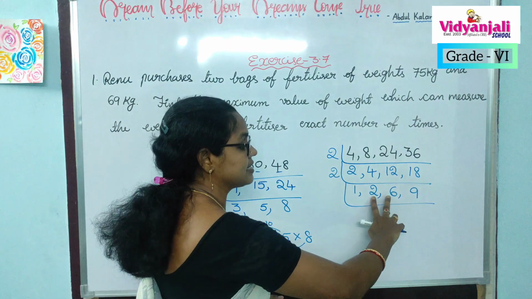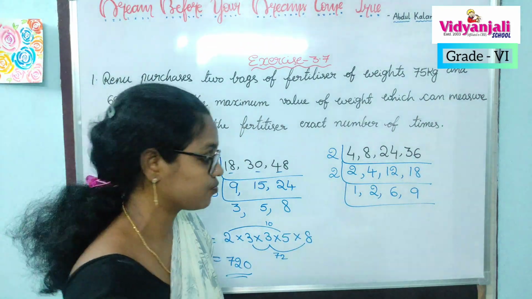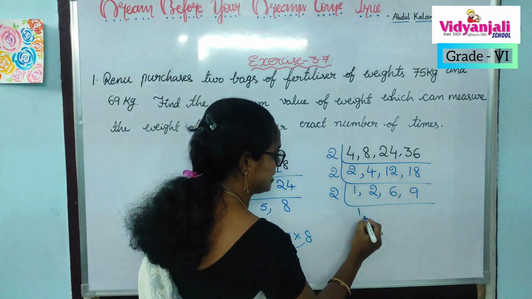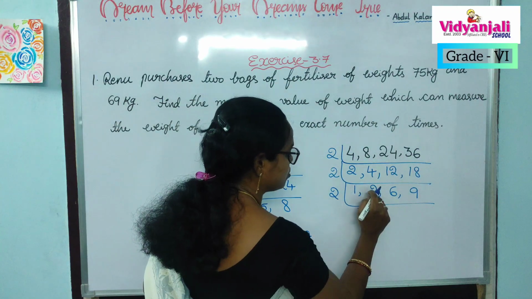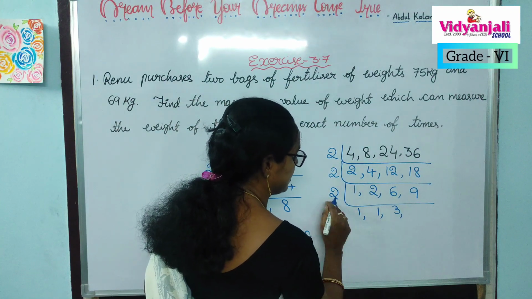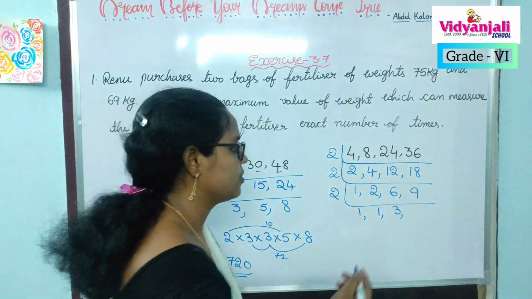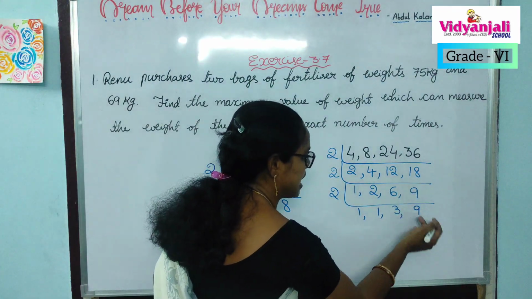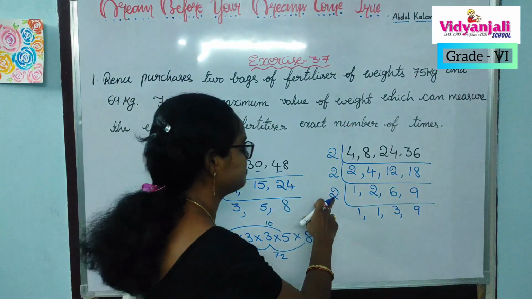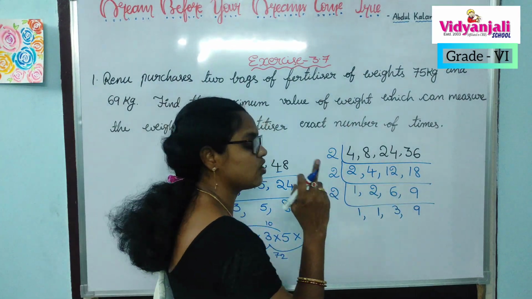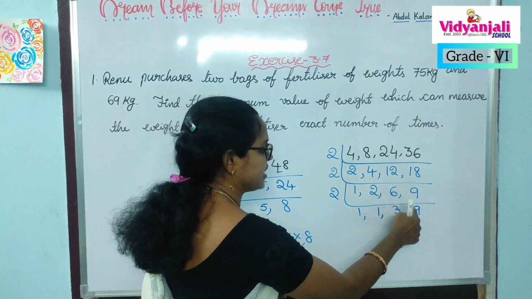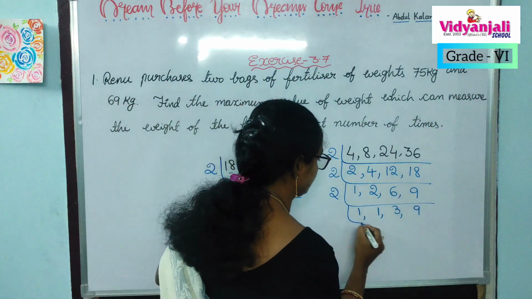Here, 2 and 6 are divisible by 2. In 2 table, 2 1s are 2, 2 3s are 6. In 2 table, we won't get 9. What to do? You have to write the number as it is. As 9 is not divisible by 2, we write this number as it is.